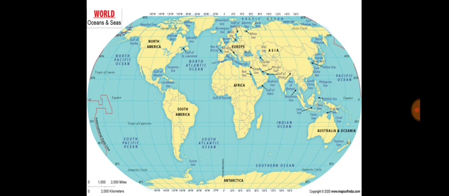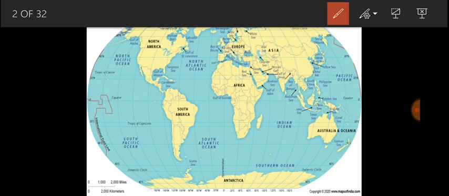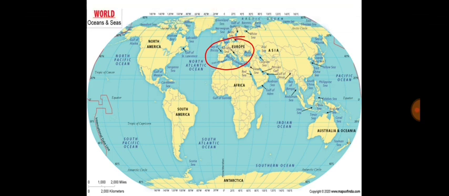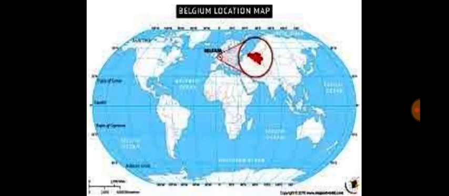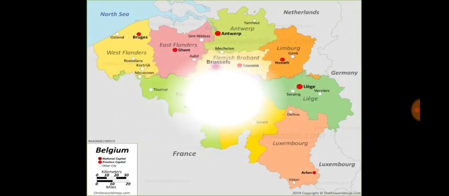Belgium is a European country, in Western Europe, and you can locate Belgium on this map. It is written over there, Belgium.